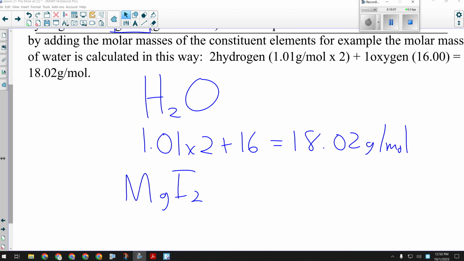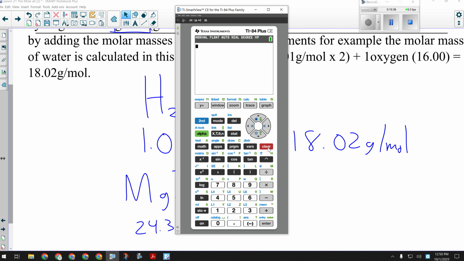All right, how many iodines are in there? 2. 176.9? 126.9. Oh, that's close. 126.90. And there's how many? 2. All right, so times 2. So all we do then is punch that in. Okay, so we go 24.31 plus 126.90 times 2.